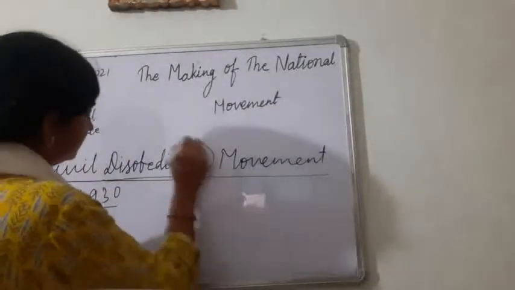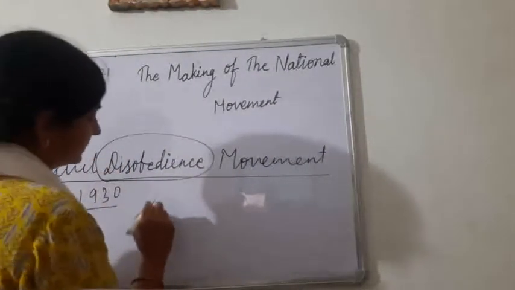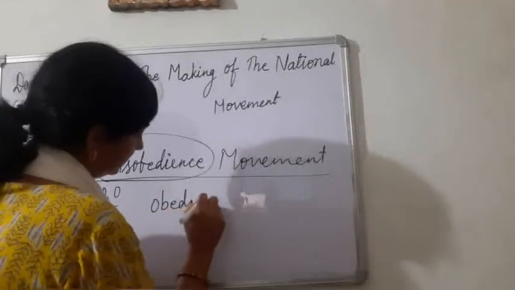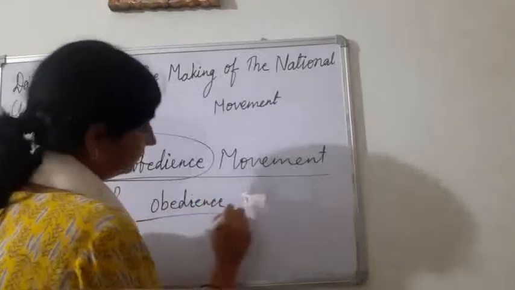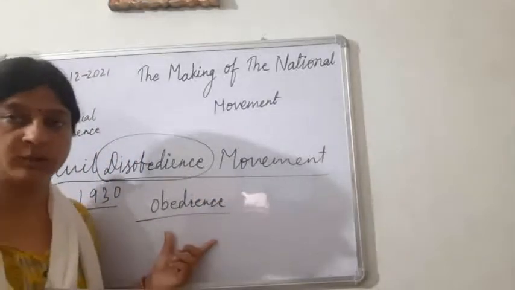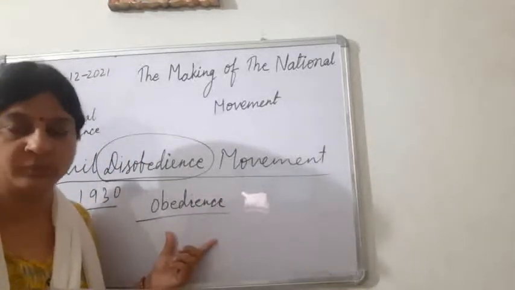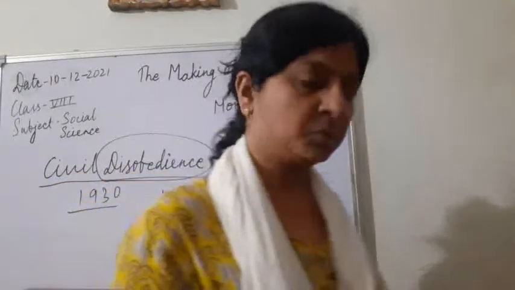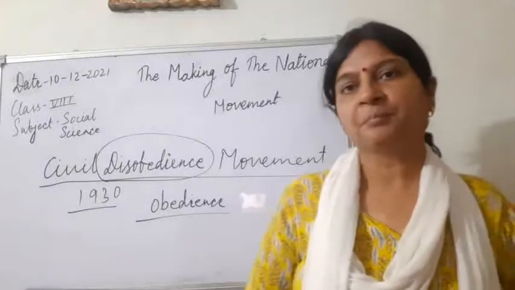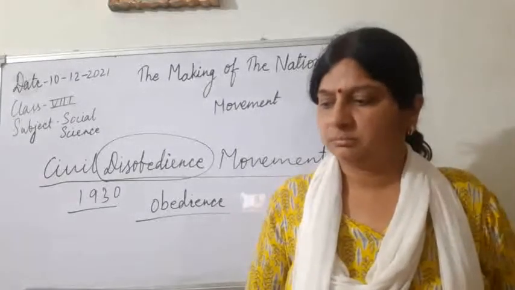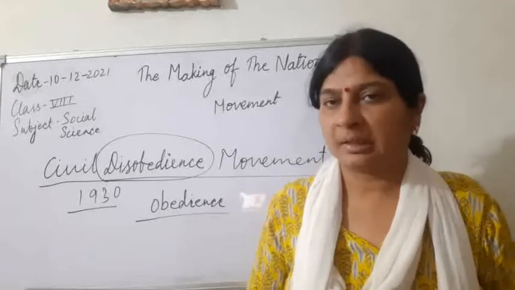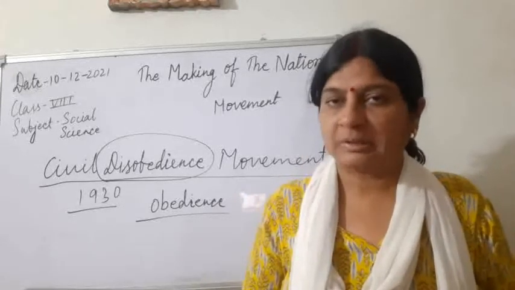So first of all, you should understand the meaning of obedience or disobedience. What is obedience? To follow the order, to follow the rules, to follow the laws. This is obedience. A student is called obedient if he or she follows the instruction, maintains discipline in the class, follows the instruction of the teacher and all.